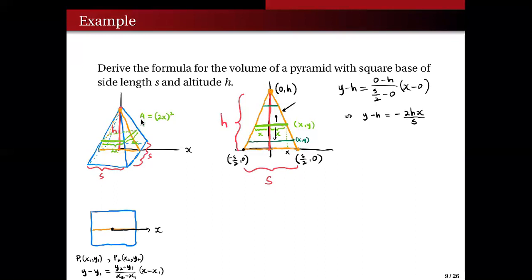That's your area. This is the area function, the 2x squared. So we need the 2x. So if we do that here, we can isolate 2x. 2x will just be negative s over h times y minus h.